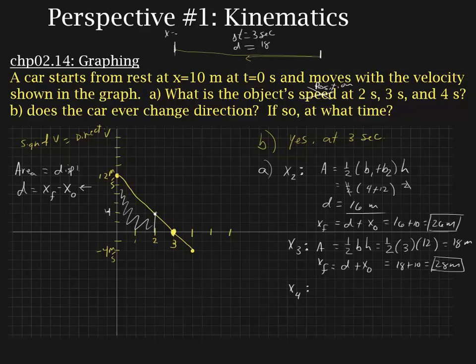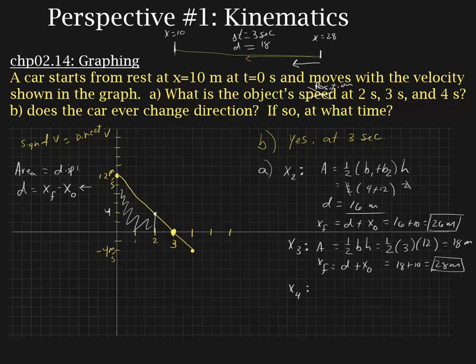Now this is x equals 10, and this is x equals 28. We have a change in direction at 3 seconds, which means the car is now moving back towards the left. So we expect a position which is going to be less than 28 meters.